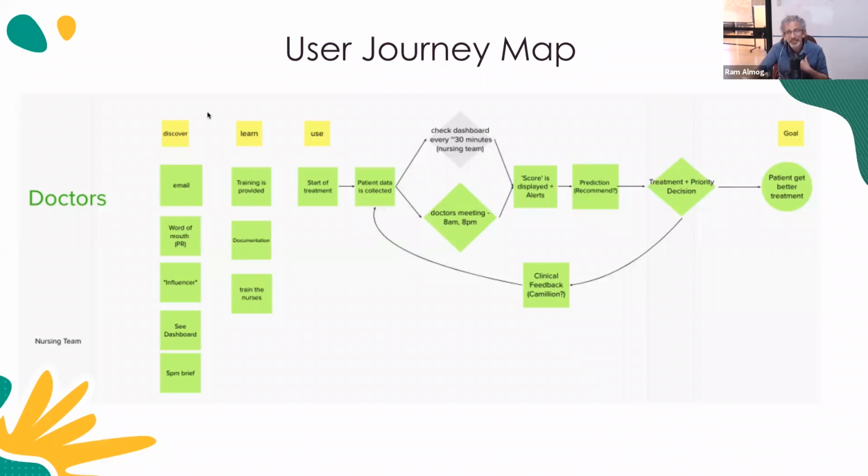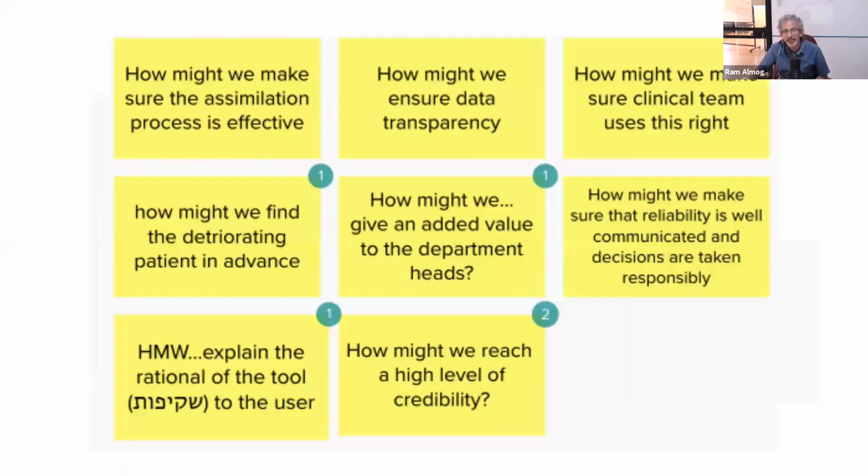Every participant in the team wrote those challenges, and I'll show you how it looks. Every team member writes them in a very specific format we call "how might we." We phrase the challenge as a how-might-we sentence.